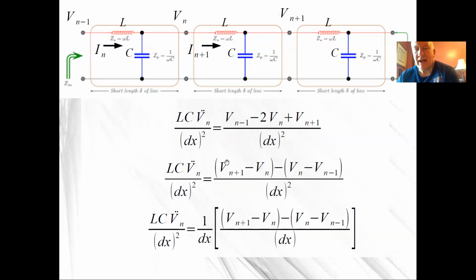So I'll go ahead and write this as the voltage difference from the next segment to the segment I'm interested in, minus the voltage at the segment I'm interested in minus the previous one. And this just becomes 1 over dx times the derivative of the voltage.